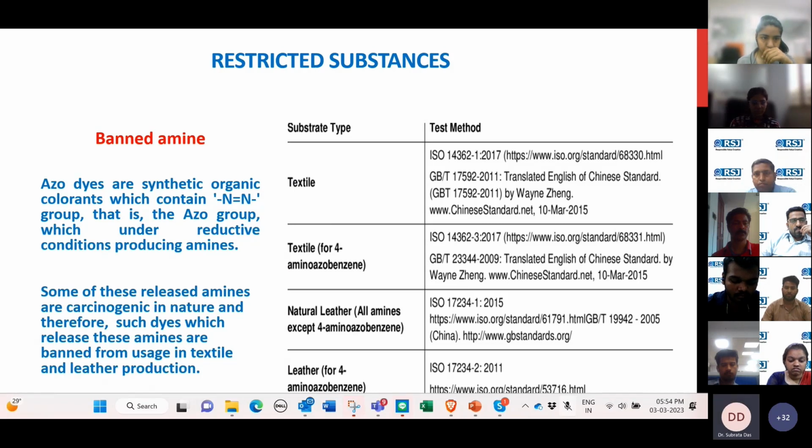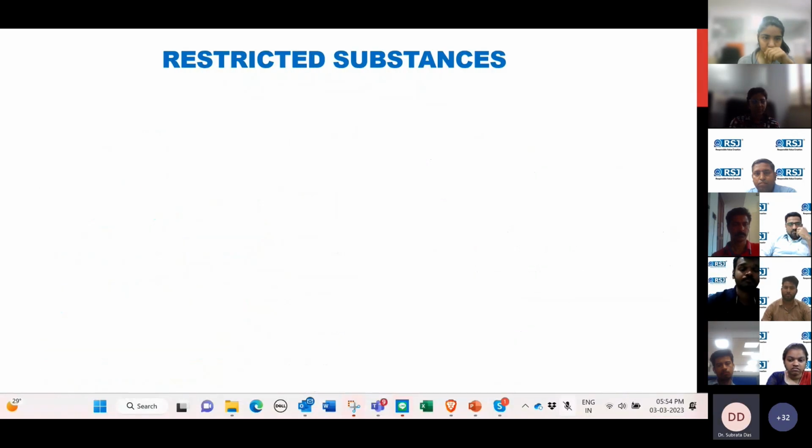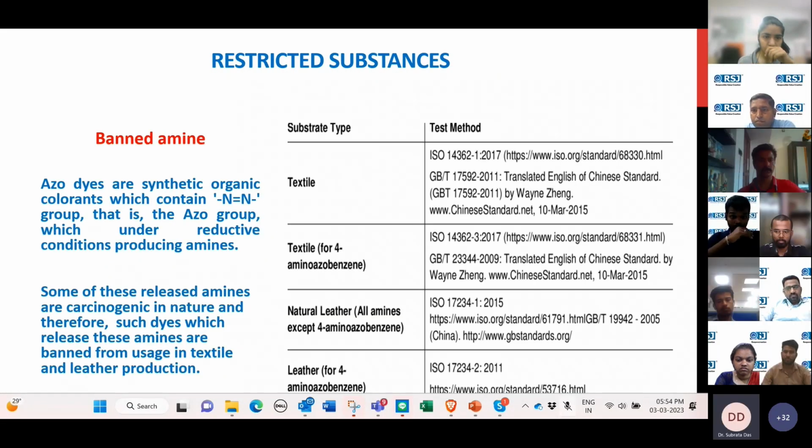So there also the products are tested for banned amines and other restricted substances. So banned amines are a high-risk restricted substance which has to be carefully tested, because there should be a clear conception here. 22 amines are banned under that, and as per the GB standard there are 24. So one has to be very careful while controlling these banned amines.